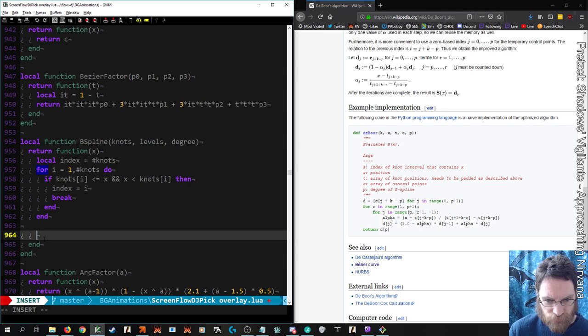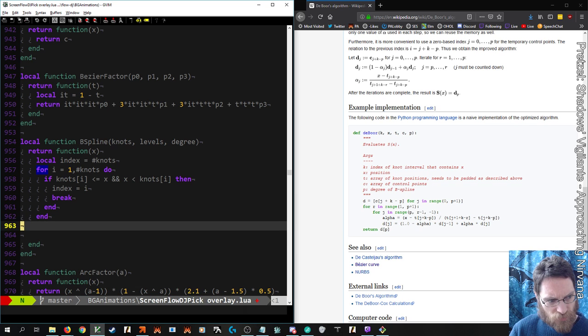Then we have this, where D is just a traditional name for this, plus K minus P. P is the degree. Can this get us anything at this point?